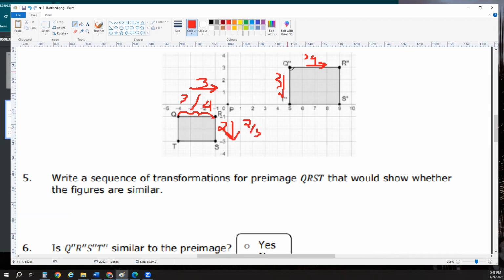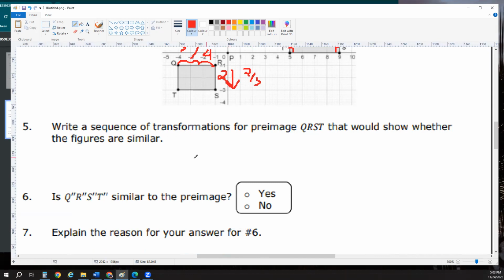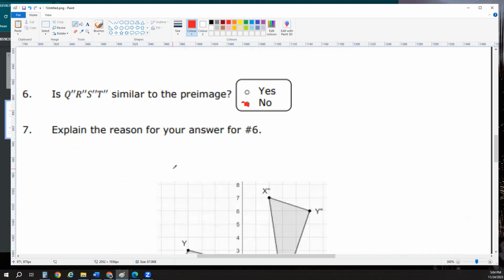So although the angles are all 90 degrees, they're not similar because of that. That's what I think at least.